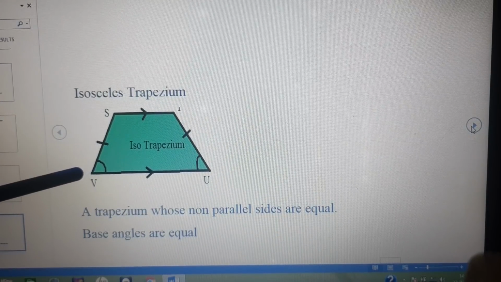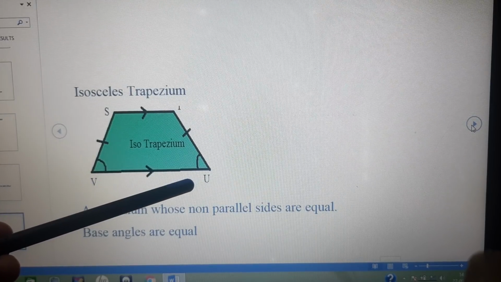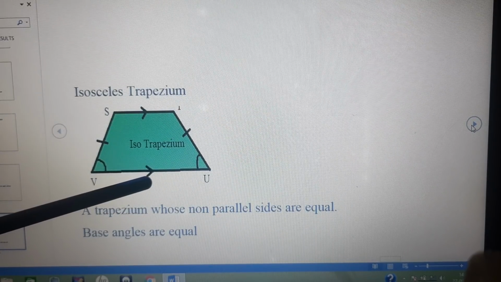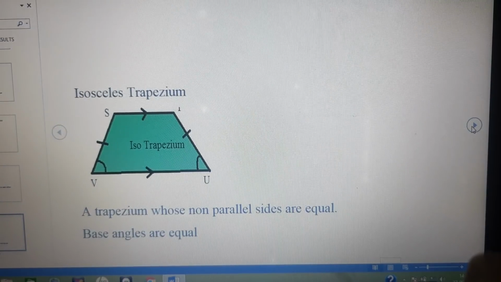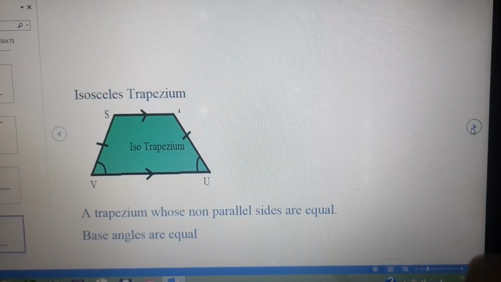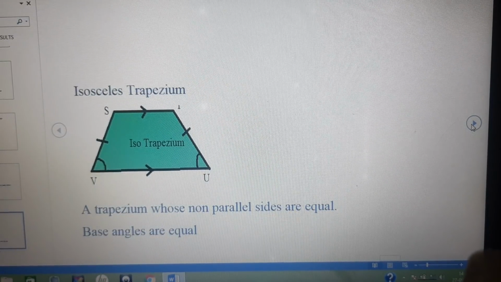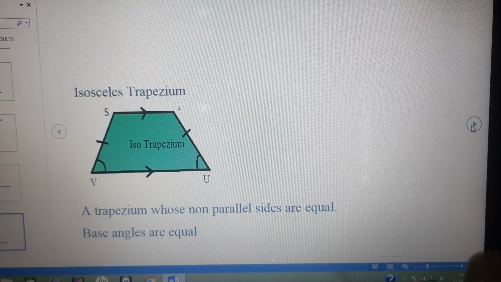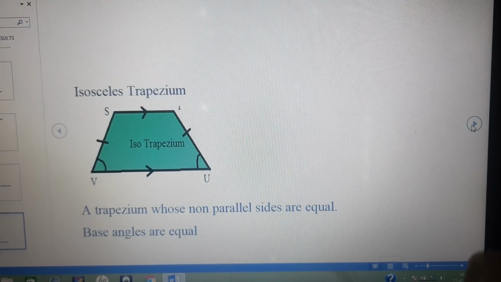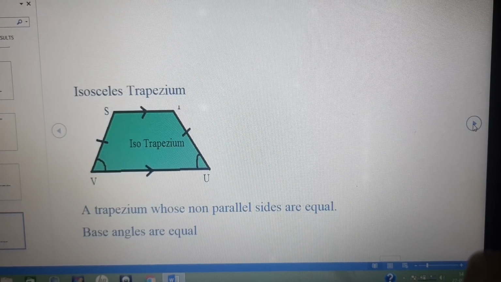And in that case, base angles will be equal. Angle V will be equal to angle U. And because we have a pair of parallel lines, then all the properties of parallel lines will exist, as we applied in our previous question. Angle S plus angle V is equal to 180 degree because angle S and angle V are co-interior angles. We have done in our question.